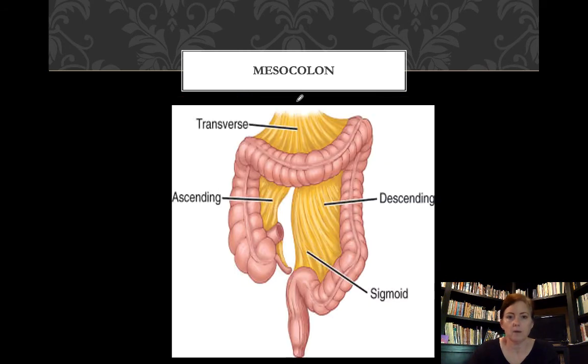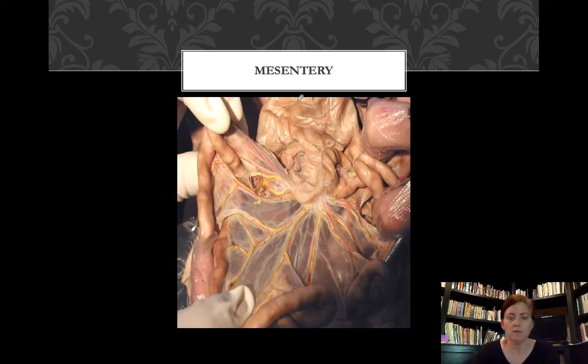Okay. A couple other structures associated with the large intestines are the mesocolon and the mesentery. Mesentery is basically peritoneum that you find throughout the small intestines, and it houses blood vessels. You can see these blood vessels here.